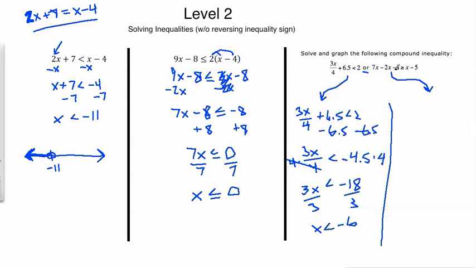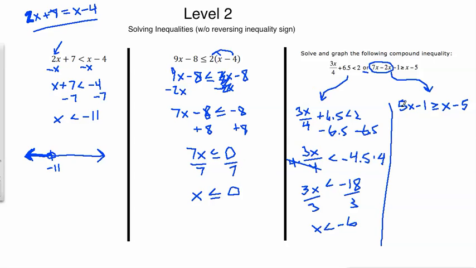Our second part over here, if you have two like terms on one side, you need to combine them anyway, so let's do that first. We've got 7x minus 2x is 5x minus 1 is greater than or equal to x minus 5. All I did there was combine like terms from right here.